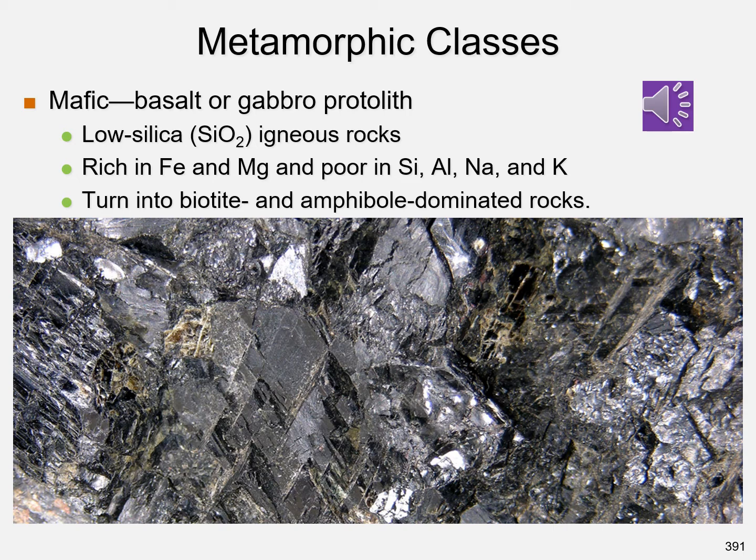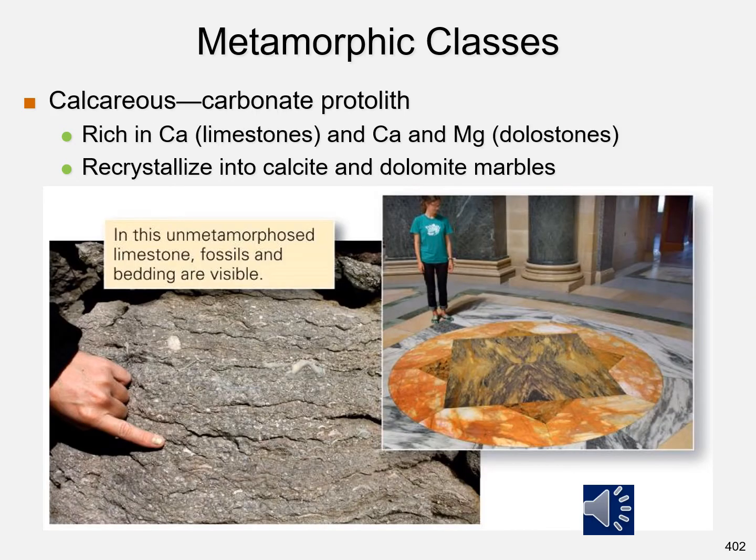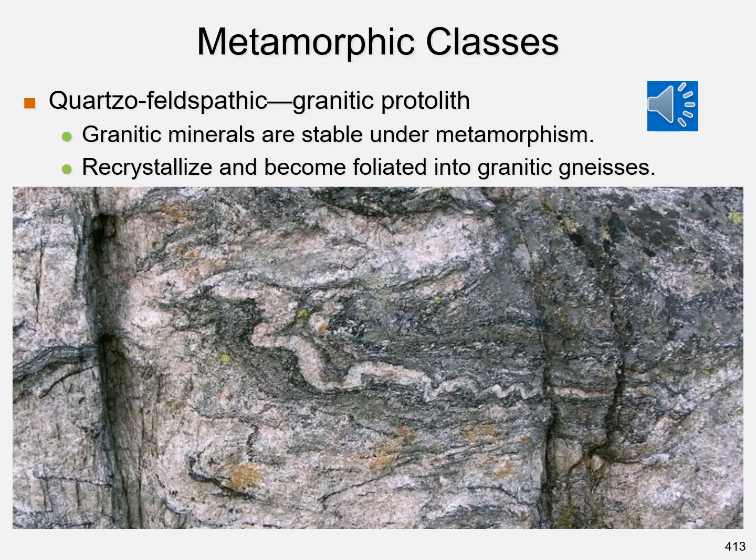During metamorphism, iron and magnesium-rich minerals such as biotite and hornblende grow. Calcareous metamorphic rocks form from calcium-rich sedimentary rocks or limestone and contain calcite, calcium carbonate. Quartzo-feldspathic metamorphic rocks form from protoliths such as granite that contain mostly quartz and feldspar.